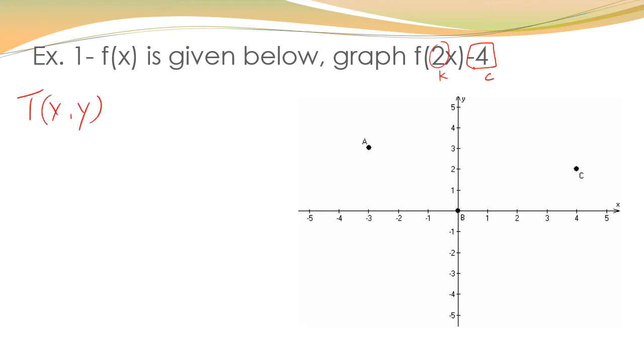T of x, y, and our transformation notation says x over k, x over 2, and then ay plus c. And there's no a value, and there was no d value, and there's nothing else inside the brackets. That's why we didn't add or subtract anything from the x. This is just going to be y minus 4.